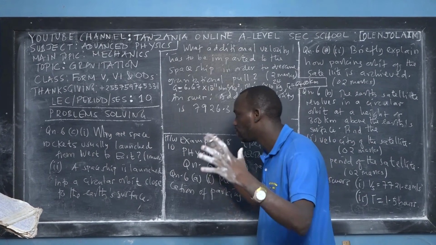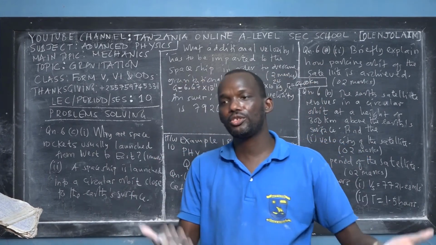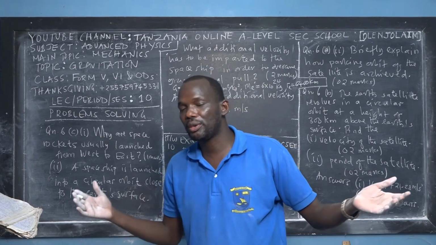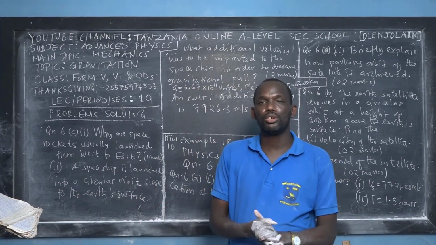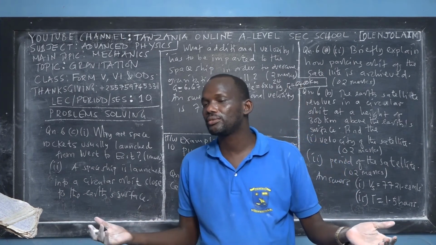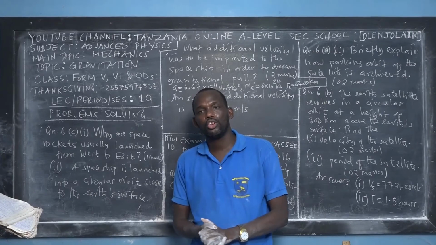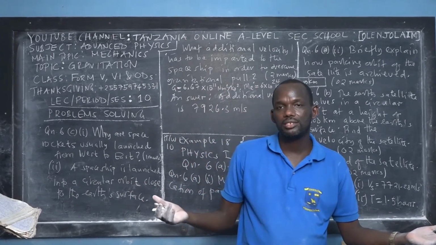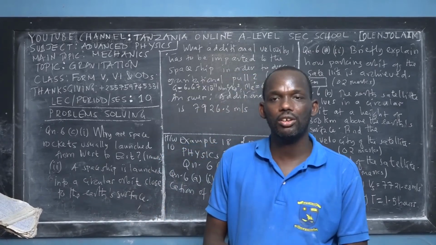Sometimes the questions might test your understanding concerning gravitational energy. Sometimes acceleration due to gravity. Sometimes the question might test you concerning escape velocity itself, or Newton's universal gravitational law, or Kepler's first, second, and third laws.